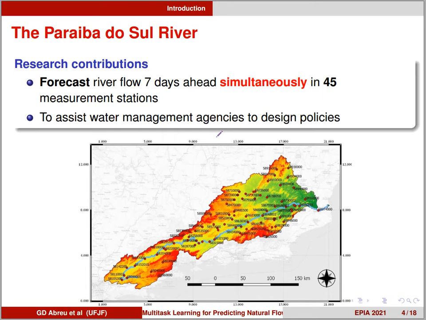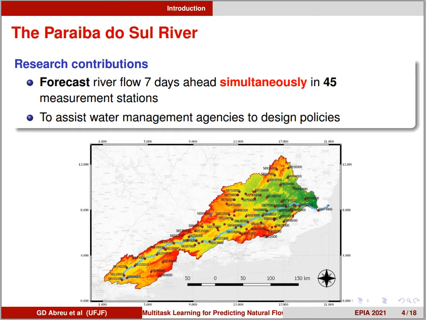So the research contribution of this study is to forecast the river flow 7 days ahead, in a simultaneous way, in 45 measurement stations along this basin.